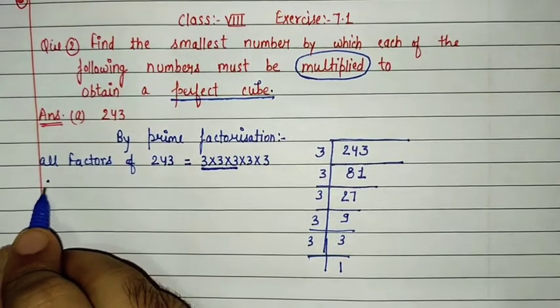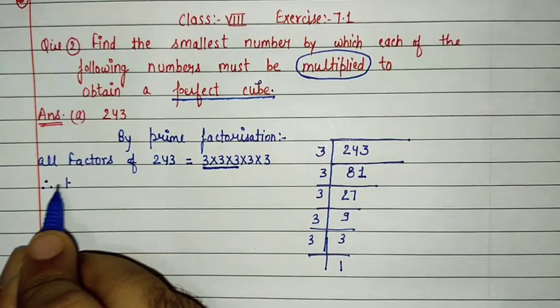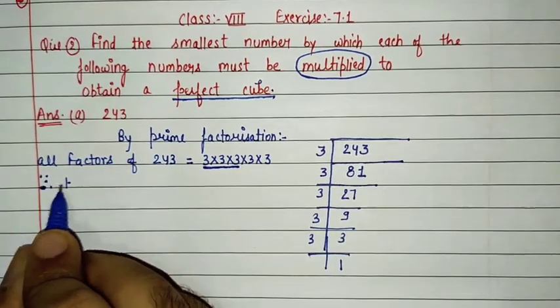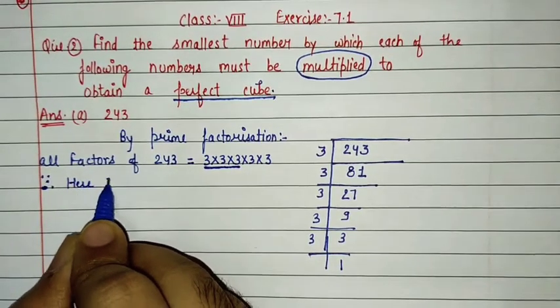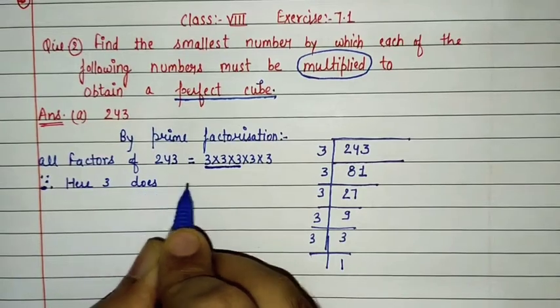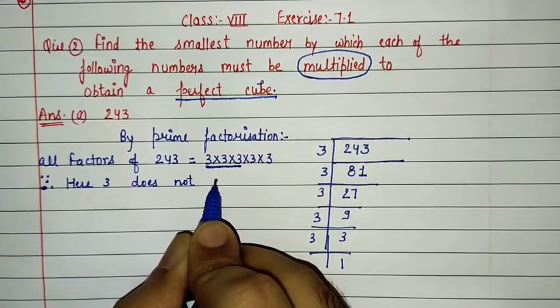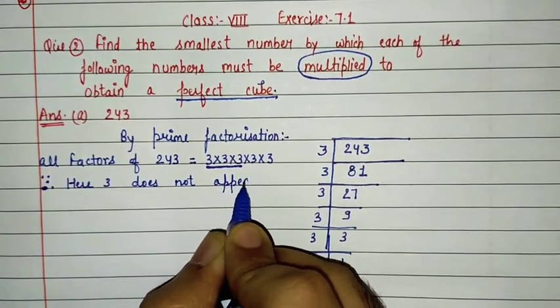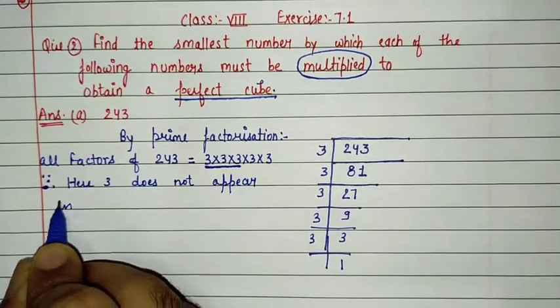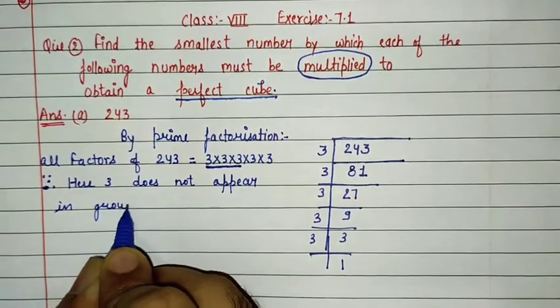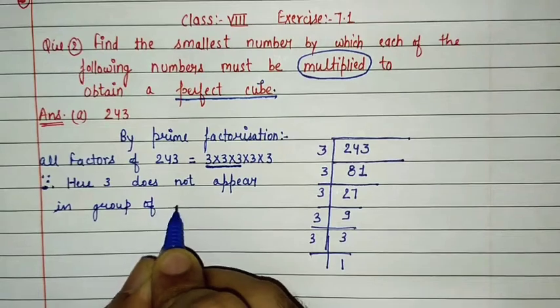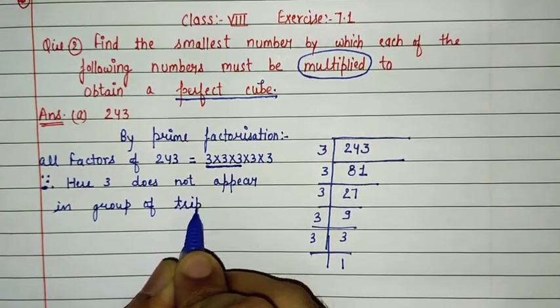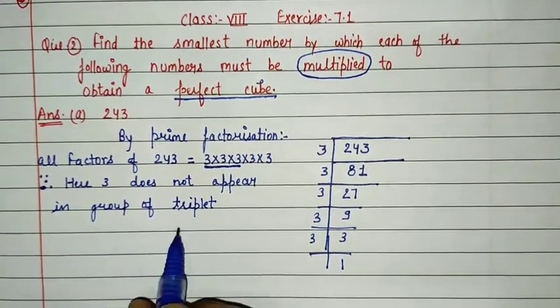Here the 3 doesn't appear in a group of triplets, or you can say in a group of 3.